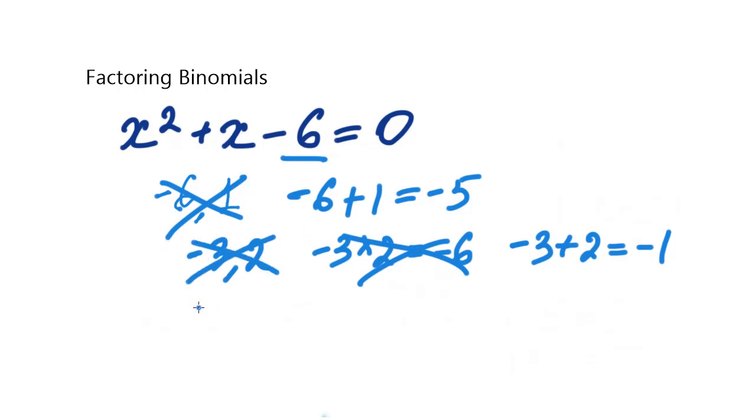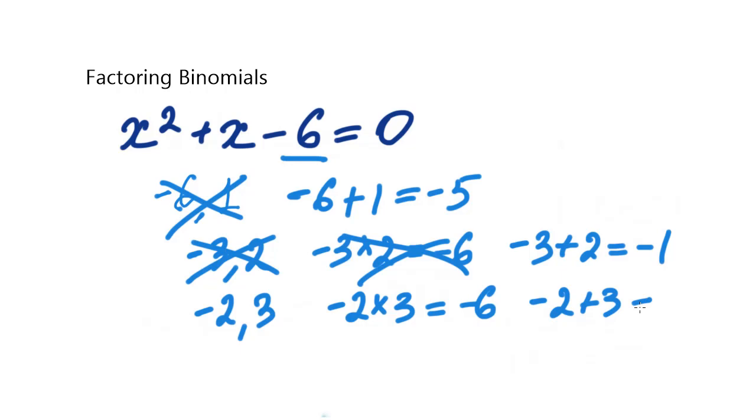Let's try -2 and 3. If we multiply -2 by 3, we get -6. But if we add -2 plus 3, we do get 1. Great, so this pair works. Multiplied, these two numbers give us -6, and added, they give us +1.